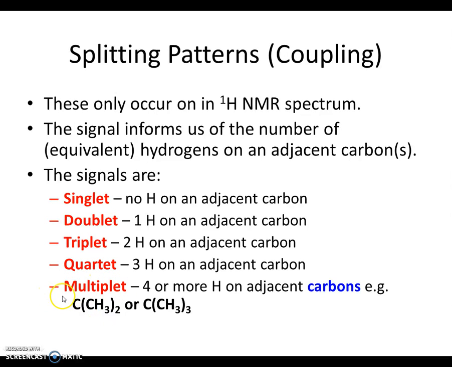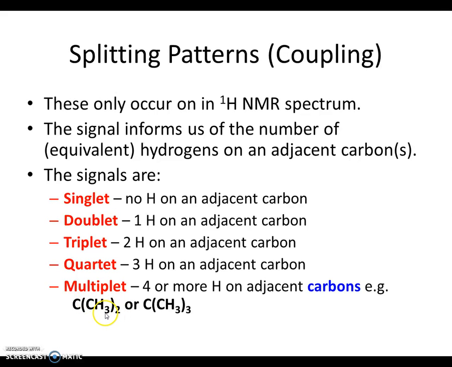However, sometimes there might be a multiplet. We use this generally speaking if there's 4 or more hydrogens on an adjacent carbon. So for example, it might be that you've got a hydrogen attached to this carbon here, and it observes 6 equivalent hydrogens.